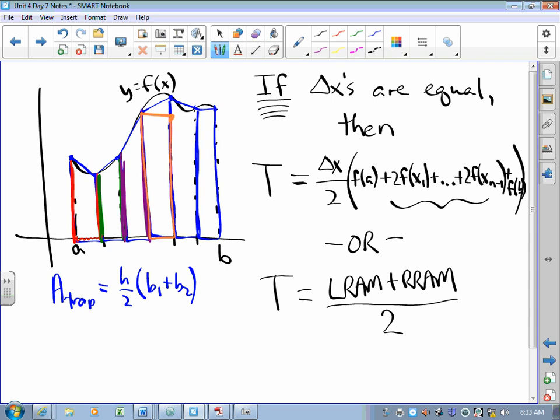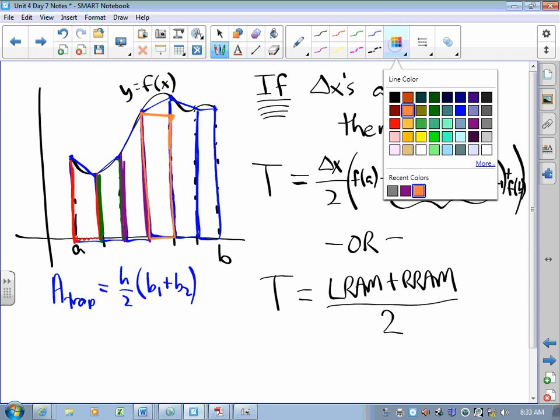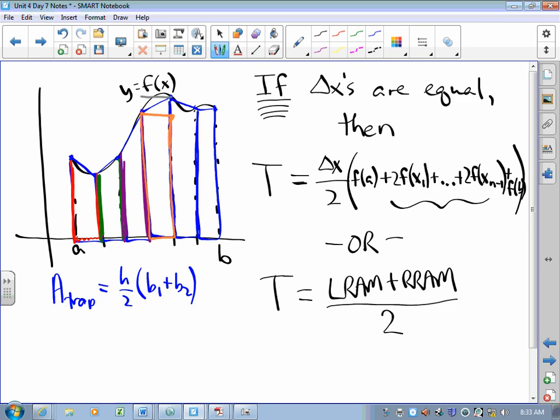This would be the left endpoint rectangle approximation. But the right endpoint would look like this. And I think it's pretty obvious that the blue line splits that difference in half. And that's exactly what finding an average is. So it's pretty straightforward. The trapezoidal approximation is the average of the left endpoint and the right endpoint.